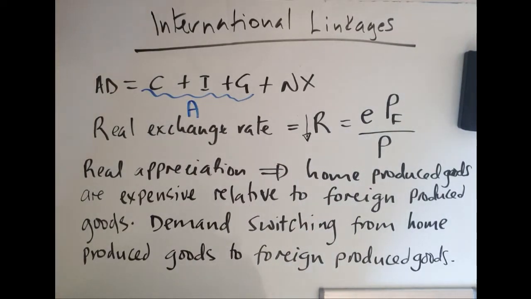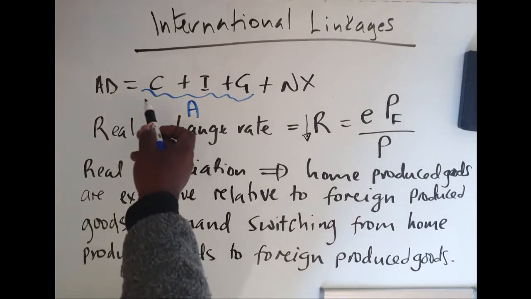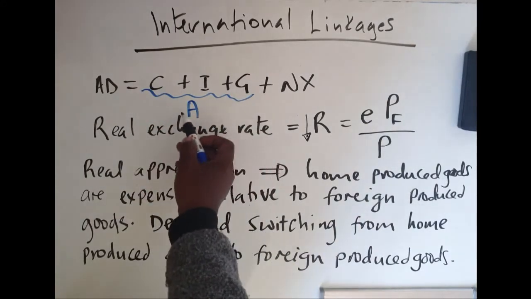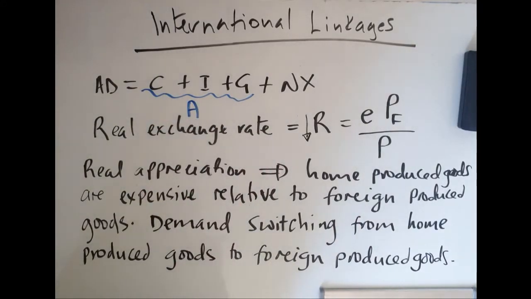And so if this component of spending, what is it? Absorption. This is domestic spending. Think of it this way. If we produce goods and there's no one else that's buying the goods from the foreign economy, what would be the components of spending driving our production? Absorption.